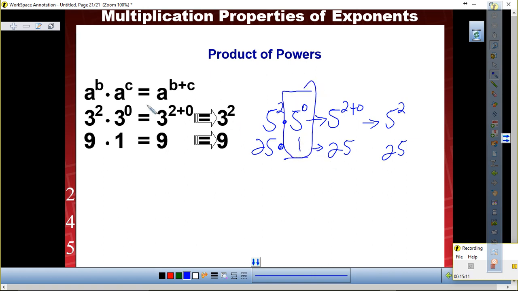Therefore, tell your neighbor, what can we conclude with numbers that look like this? What can we conclude? Did everybody hear that one? Anything to the 0 power is 1.